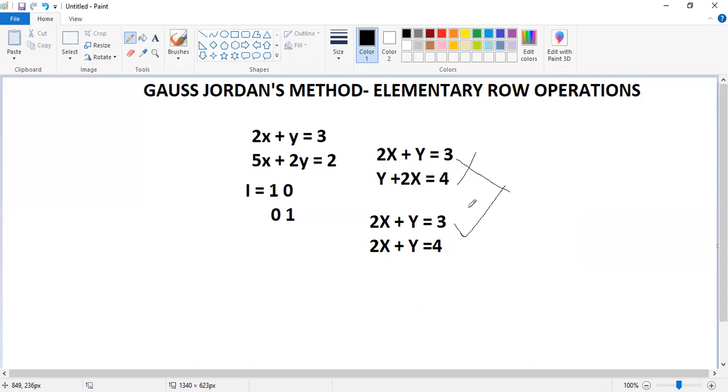So after arranging the equation to this form, then you have to translate the equation to a matrix.